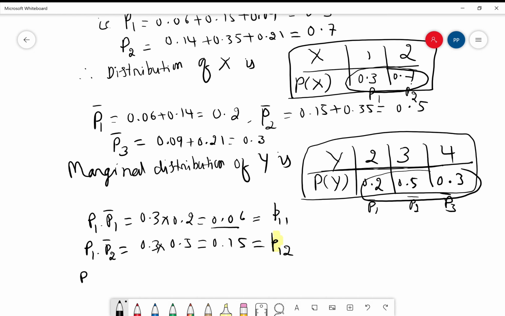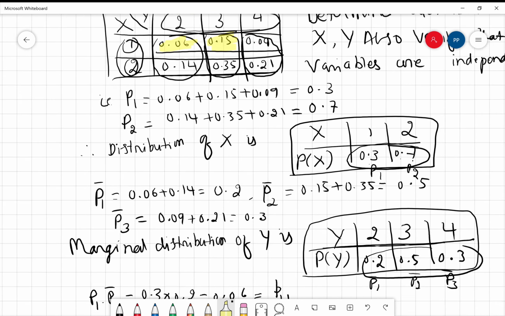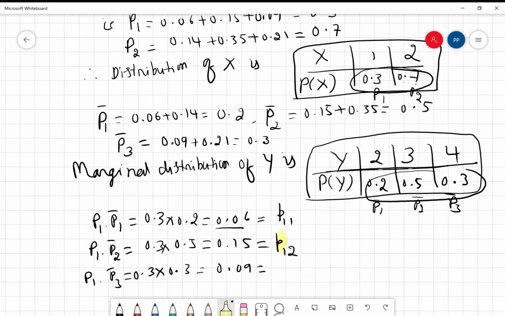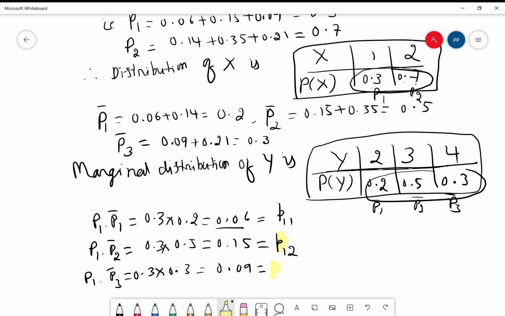Next, P1 into P3 bar, that is 0.3 into 0.3, 0.09. This is equal to the value you find here, 0.09, which is P13.